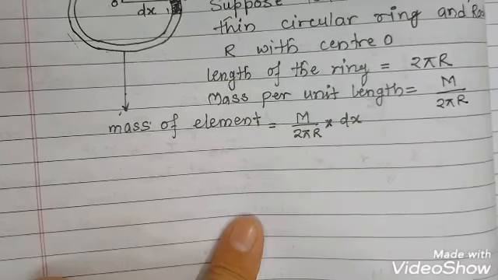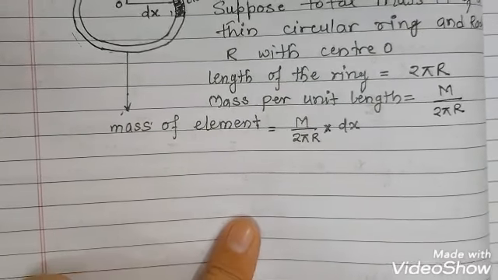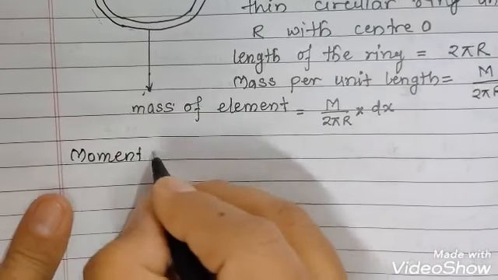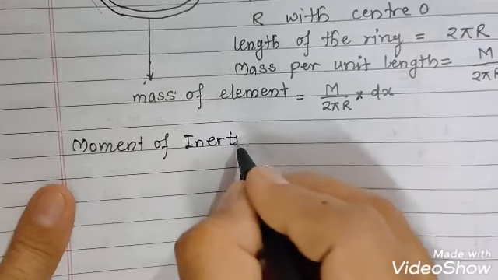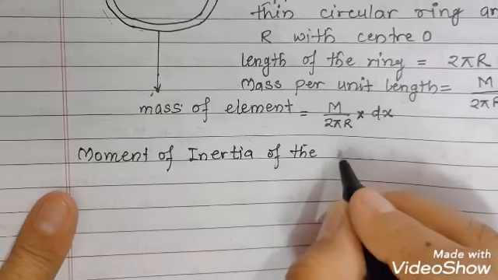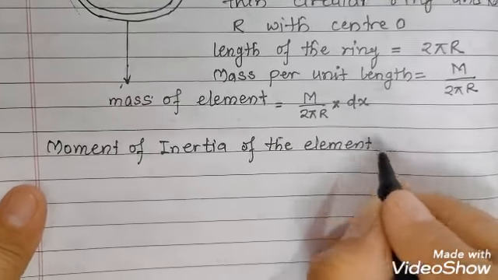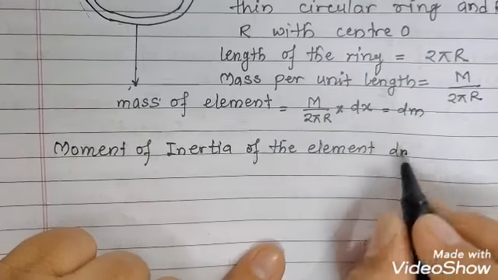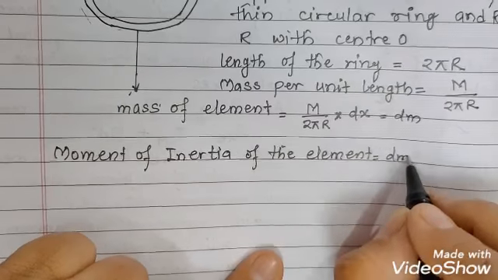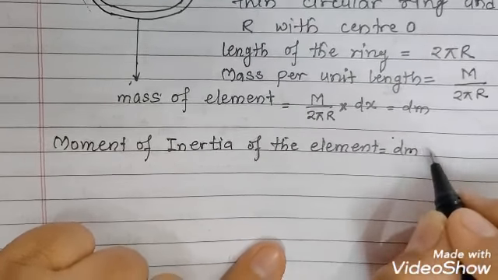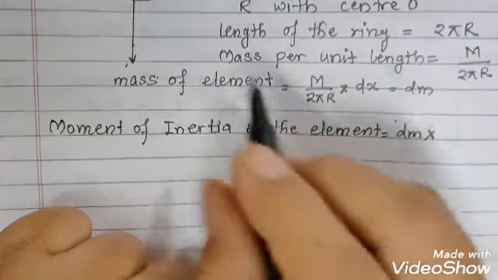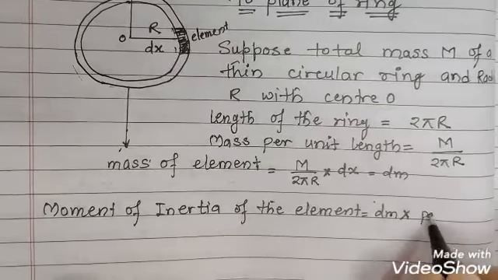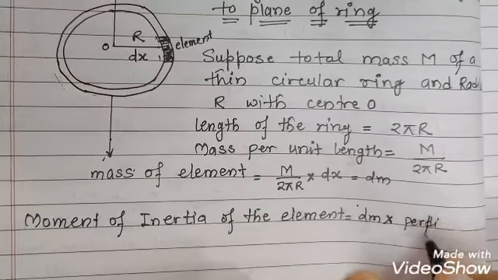Now for the moment of inertia of this element, it will be equal to dm, the mass of the element, multiplied with the square of the perpendicular distance from the rotational axis.